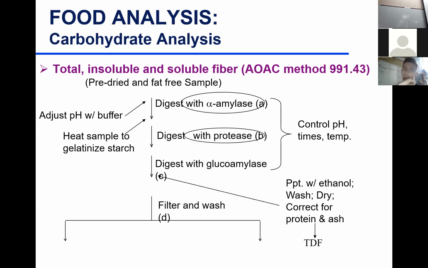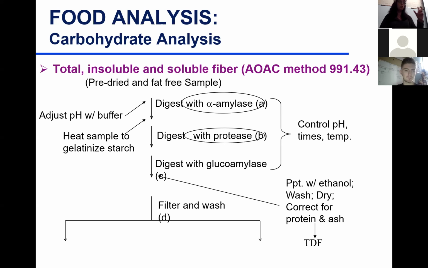I need to determine how much there is and subtract the weight of that. So the final weight is only my total dietary fiber. I can do it this way if I only want the total.